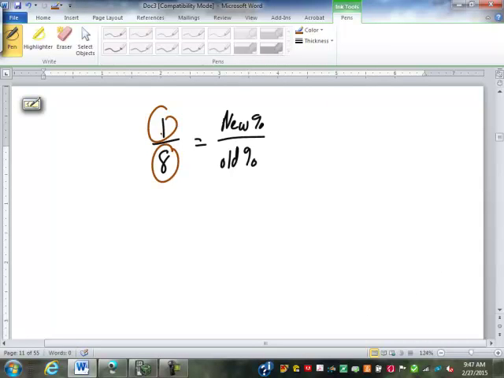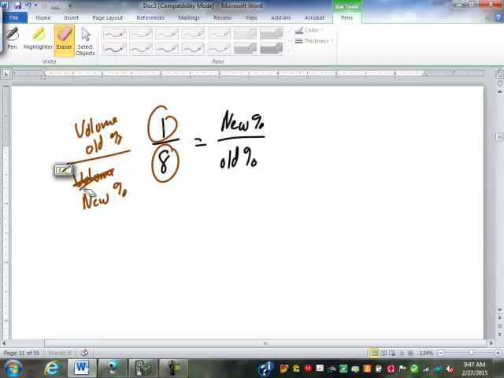These are volumes here. The 1 would be the volume of the old concentration, and the 8 is the volume of the new concentration. Now you can see that's flipped over here. The volume of the new concentration is on the bottom, while the actual percentage for the new concentration is on top.